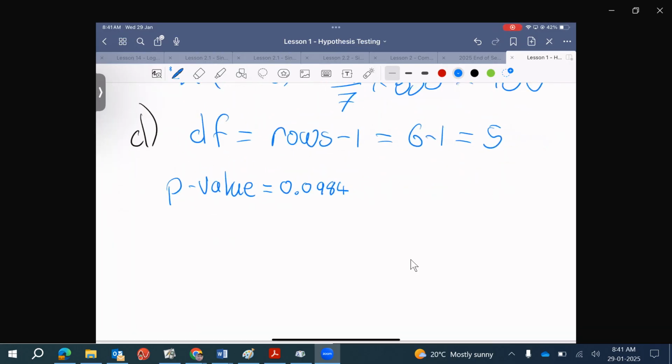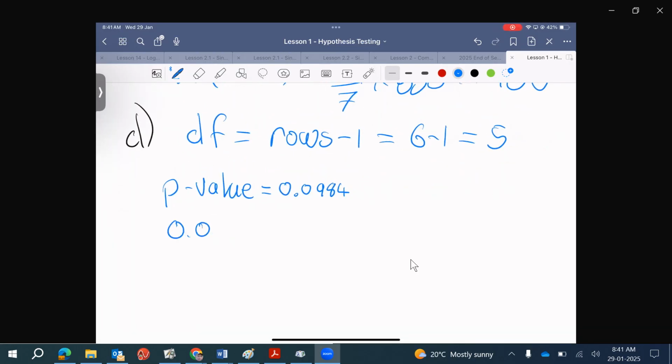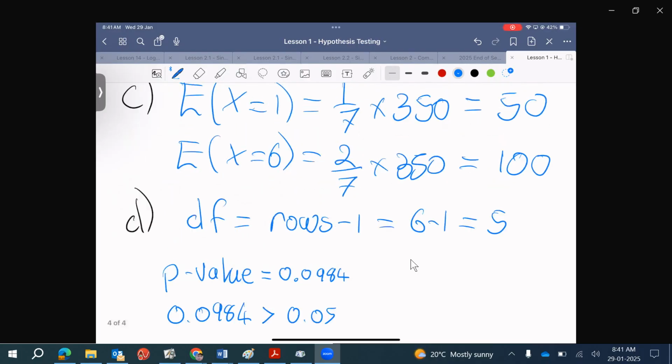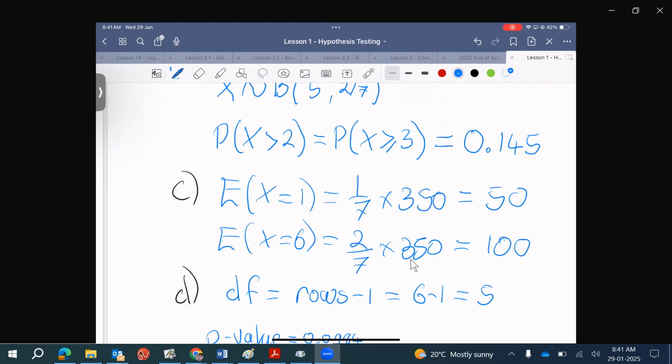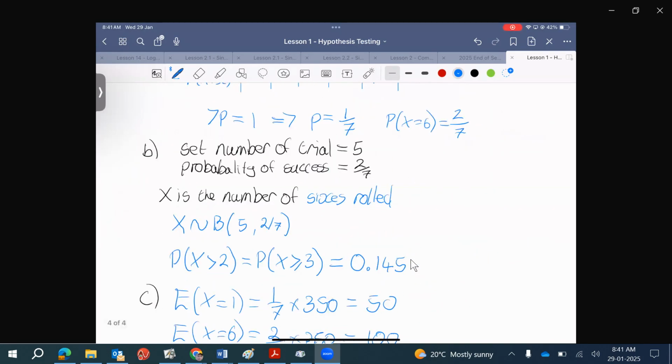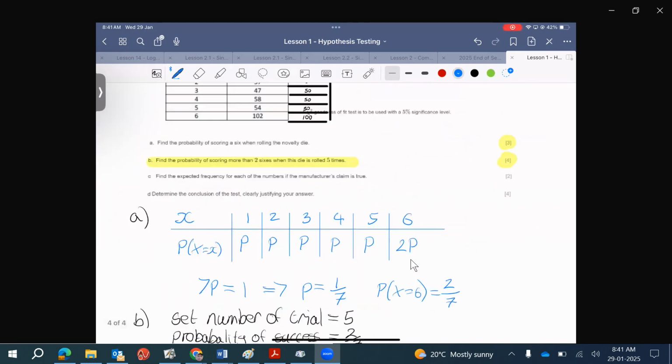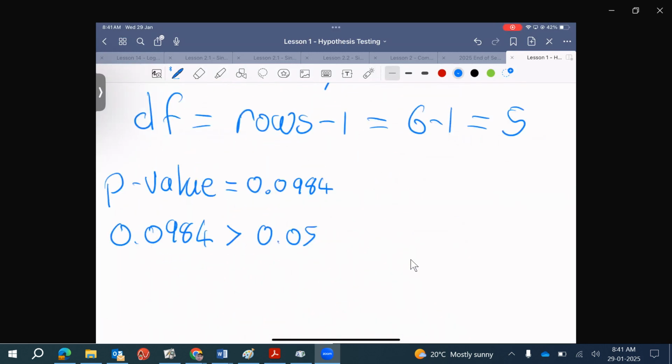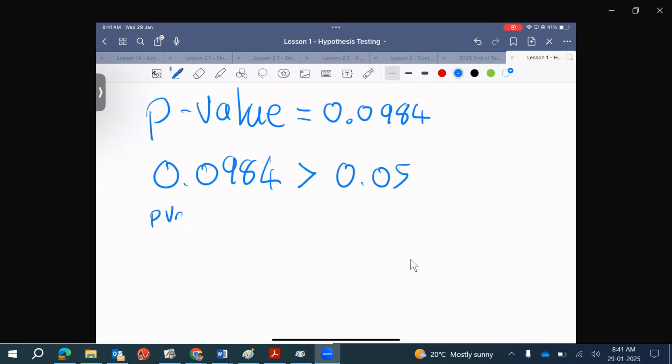So then we need to compare the two. 0.0984 is greater than 0.05. I think it was 5% significance level, wasn't it? Yeah, we just check. 5% significance level. This is the p-value is greater than the significance level. If the p is low, reject the null. So the p is not low.